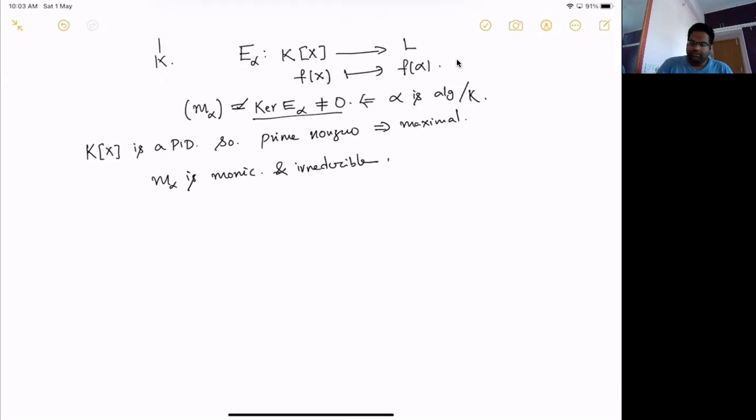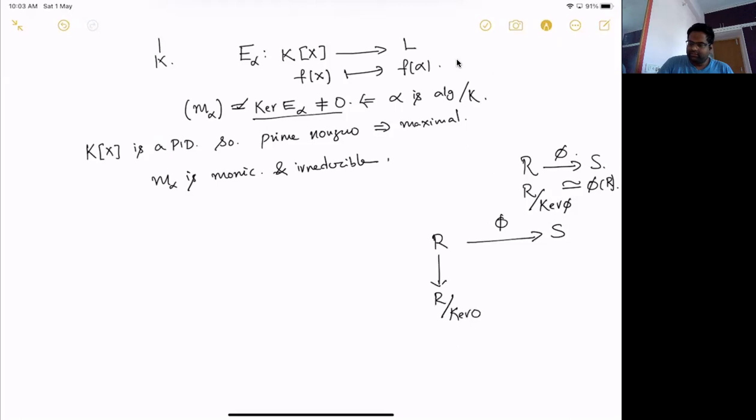So from this, by the first isomorphism theorem of rings: if phi is a ring homomorphism from R to S, then R mod the kernel of phi is isomorphic to the image of phi. This map is simply constructed as follows.